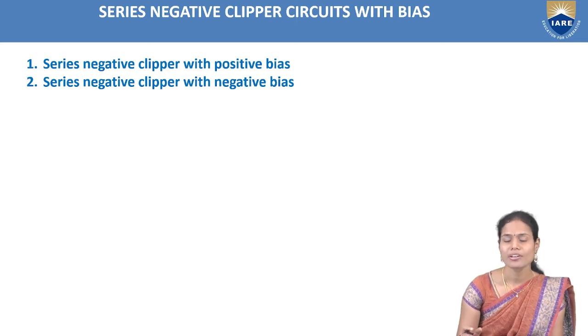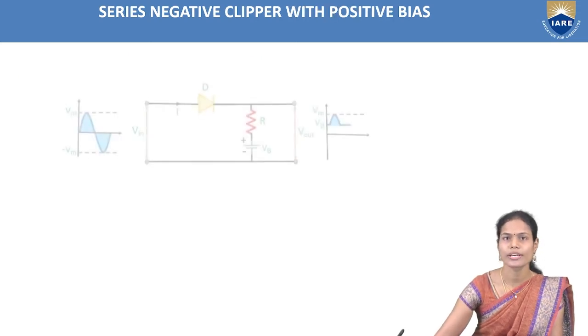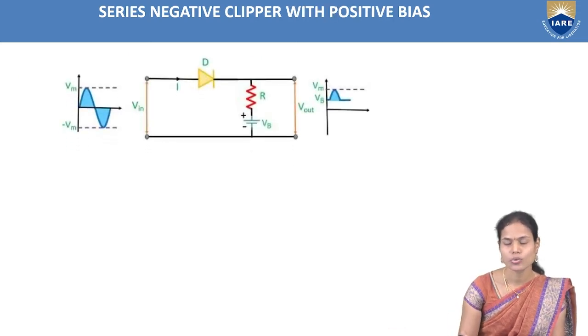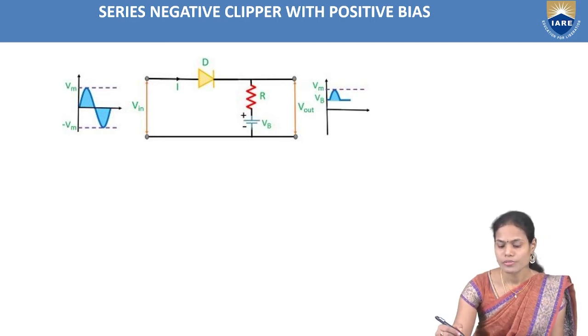That depends upon how much biasing voltage we are providing to our circuit. First I am going to explain series negative clipper with positive bias. To make the positive series clipper into the negative series clipper, we just have to change the direction of the diode. The remaining components are as they are.